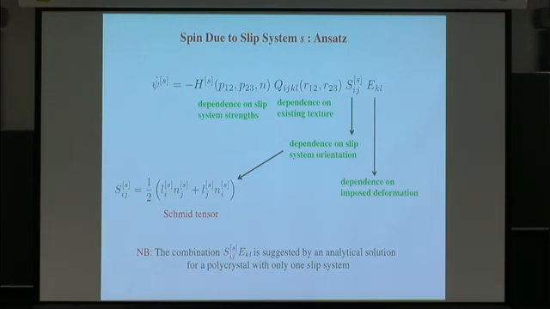Just to mention, this combination up here is suggested by a simple analytical solution for a polycrystal with only one slip system, so we're guided in a bit by that solution. So I'm going to try to show you now the expressions for these different aspects of the spin.